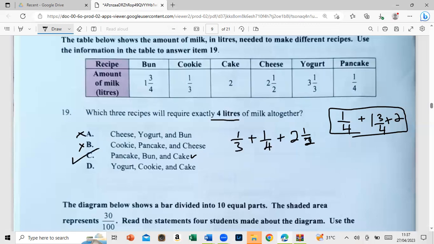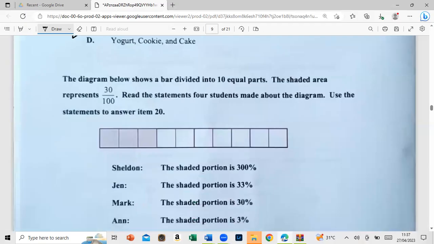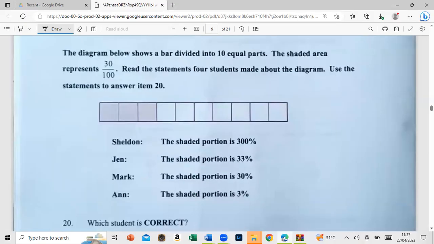Alright, let's move on to number 20. The diagram below shows a bar divided into 10 equal parts. The shaded area represents 30 over 100. Read the statements for each student and the diagram in answer. Sheldon, the shaded portion is 30%. Jen, the shaded portion is 33%.